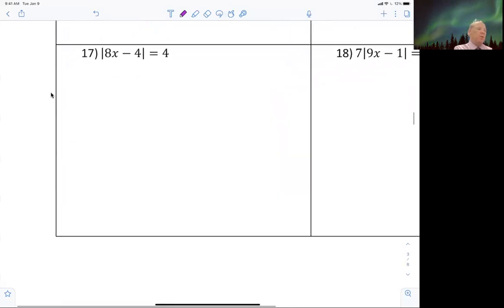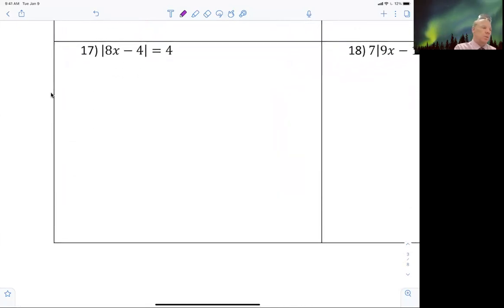Allie, help me out with number 17. What do I do first? Tell her. Yeah, you have to write both equations. Now make yourself a note, guys: if you're forgetting to write both equations, write both equations first.